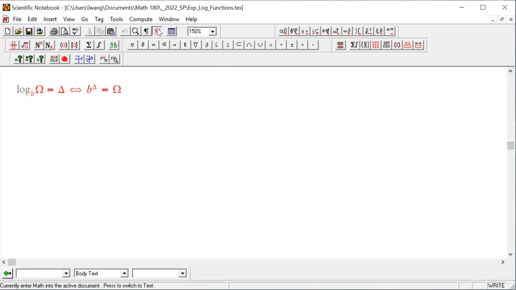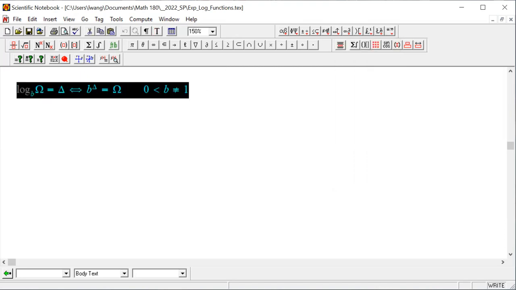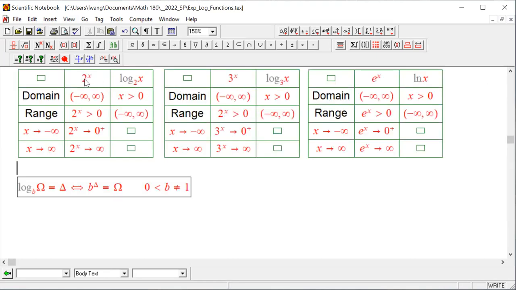And of course, in this definition, we have a very important requirement about b. b must be larger than 0, and it cannot be equal to 1. So that's the requirement. This makes the logarithm definition, and it's also the foundation to set the relationship between exponential and logarithm.